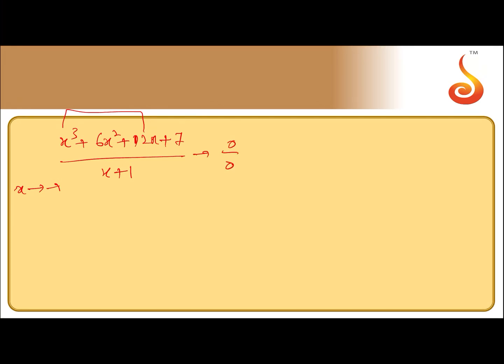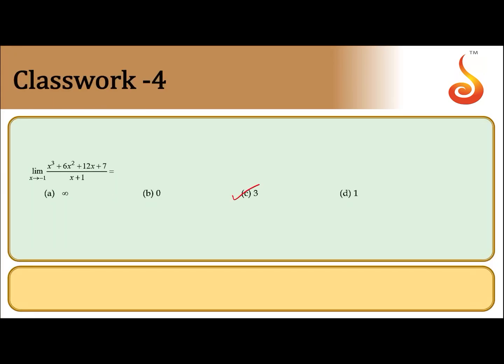So this is in the form of 0 by 0. Why can't you apply the derivative method? The numerator's separate derivative with respect to x is 3x square plus 12x plus 12 divided by 1. Substitute x equals minus 1, and thereby you'll be getting 3 minus 12 plus 12. The answer is 3.